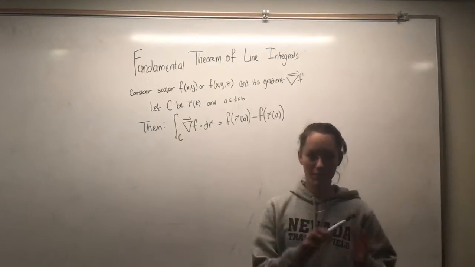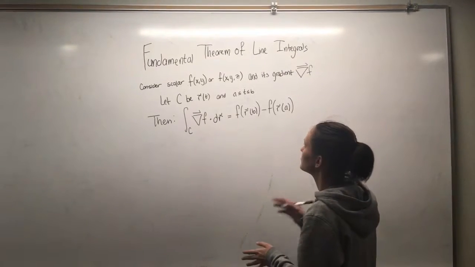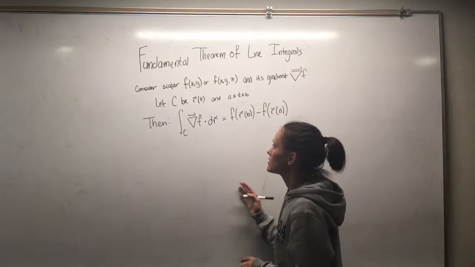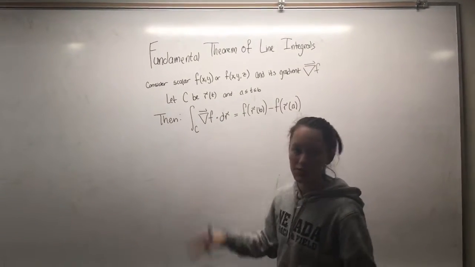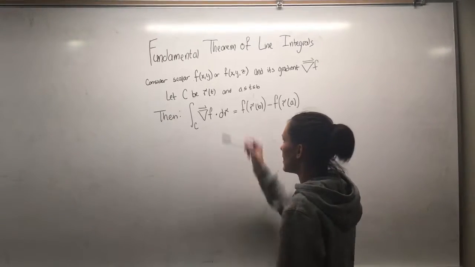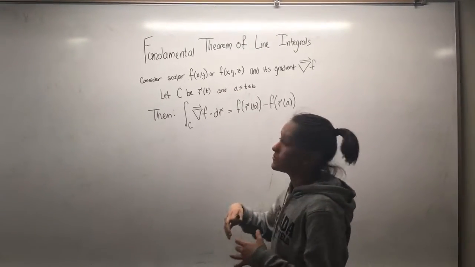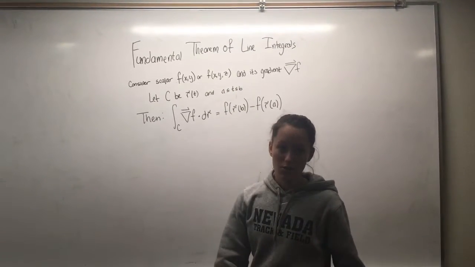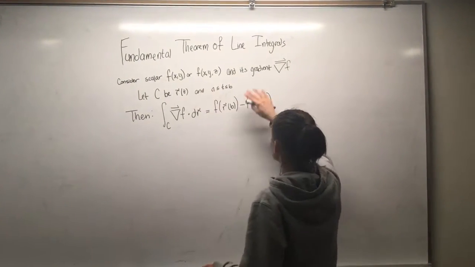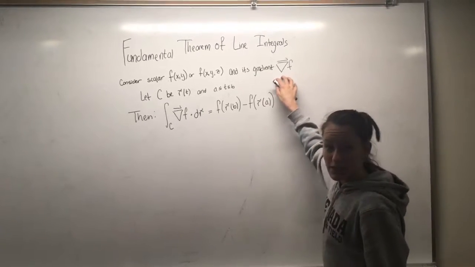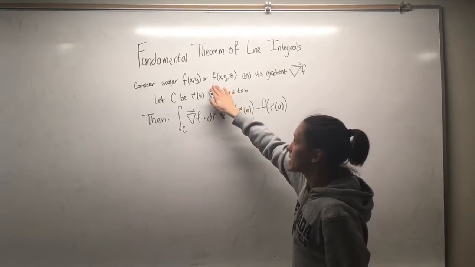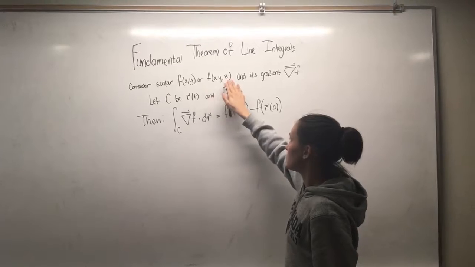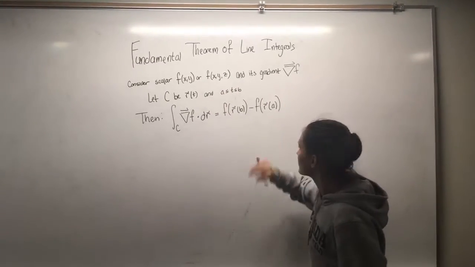Okay, so putting this in a three-dimensional plane, we have the fundamental theorem of line integrals. If we consider the scalar function, which means non-vector, f of x, y, or more likely f of x, y, z, which is a three-dimensional surface, its gradient is made up of the partial derivatives with respect to x, y, and z.